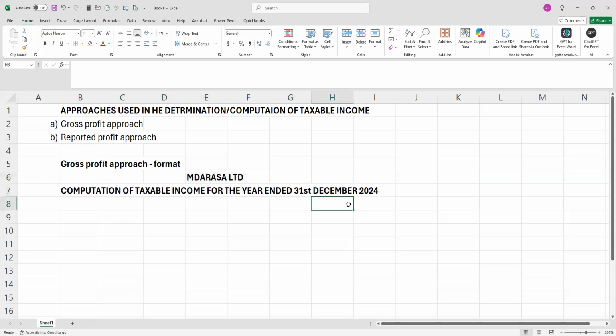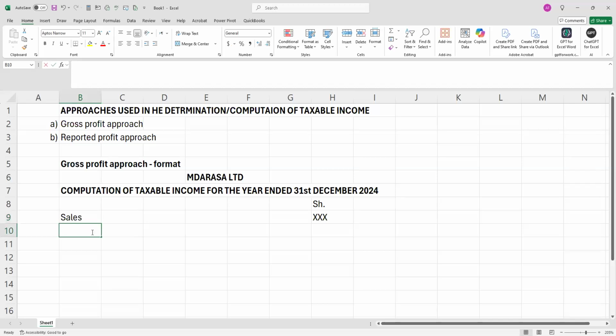So using this format, the whole idea is for us to come up to the gross profit. Therefore, in this context, you're going to start with our sales. What will constitute our gross profit? We normally talk about our sales.